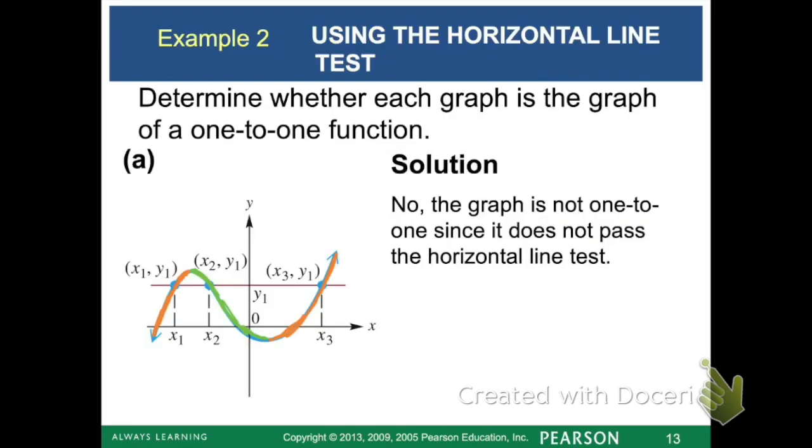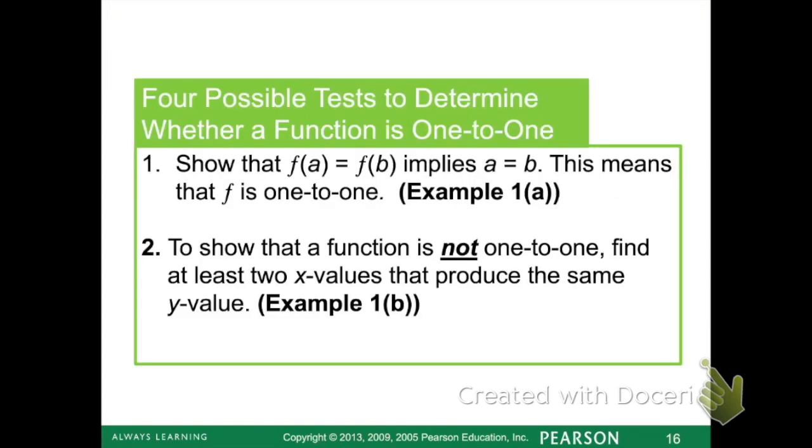Back to this example that we found to not be a one-to-one function, you can see that we're increasing where it's orange and decreasing where it's green. So we weren't increasing the entire time or decreasing the entire time. We have 4 different tests that you can use to determine whether a function is one-to-one. The first one we did in example 1a, where we showed that f of a equaling f of b resulted in a equaling b.